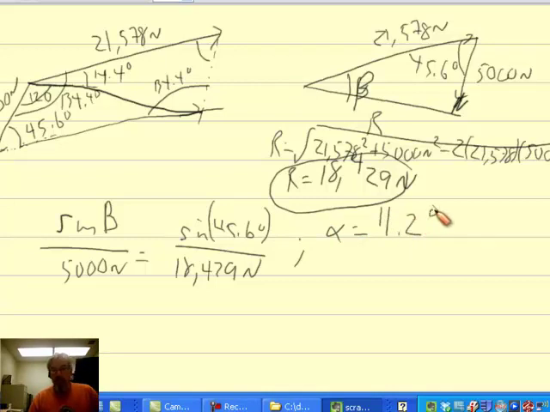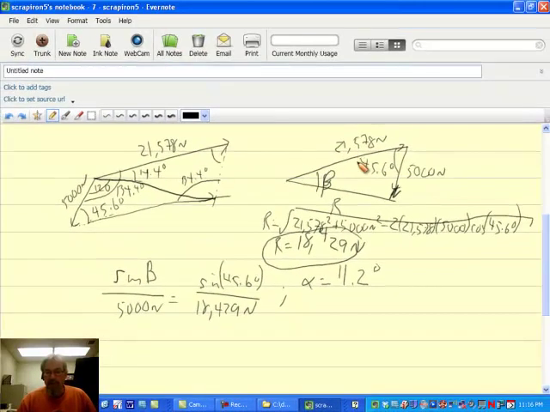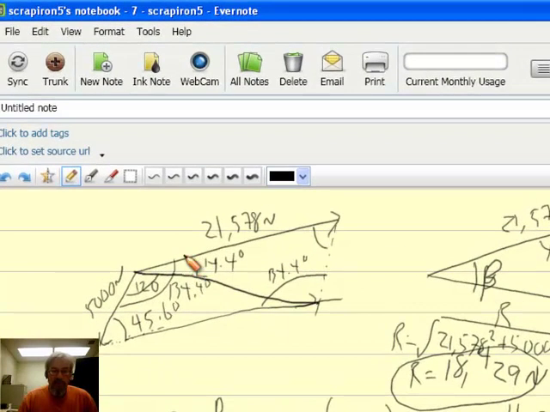I'll take a similar approach to what I did last time, and beta turns out to be 11.2 degrees. So what does that mean in terms of where we originally started? Well, it's 11.2 degrees from the resultant of the first two vectors to the final resultant. So I'll go up 11.2 degrees, but that vector was 14.4 degrees from the horizontal, or from the pickup's force.